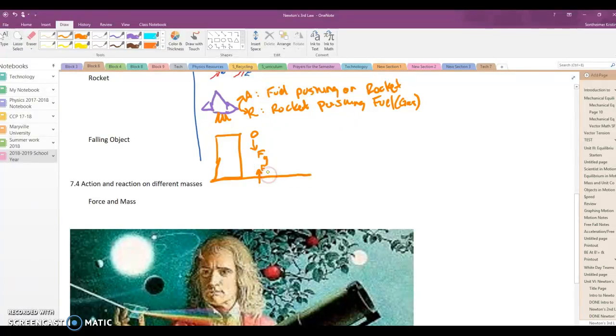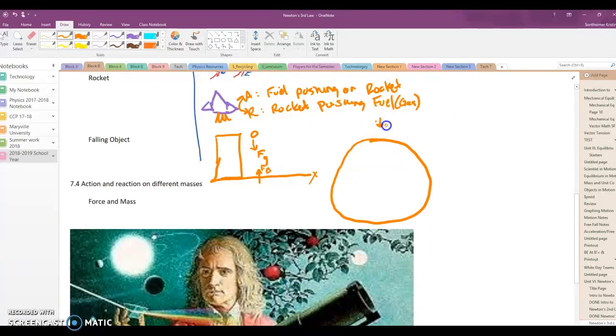Force of ball. Now, the catch is the ball doesn't have a lot of force to apply. So that tiny force that the ball is pulling doesn't really cause the earth to move at all. It does not move because it's not strong enough, while the earth is large enough to pull the ball. So here's the dot, here's this giant earth.